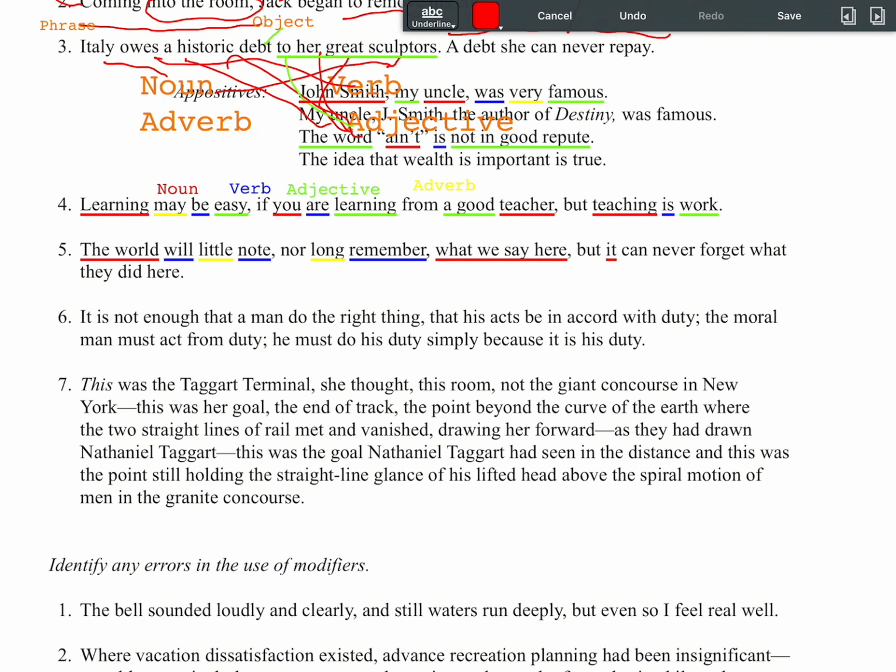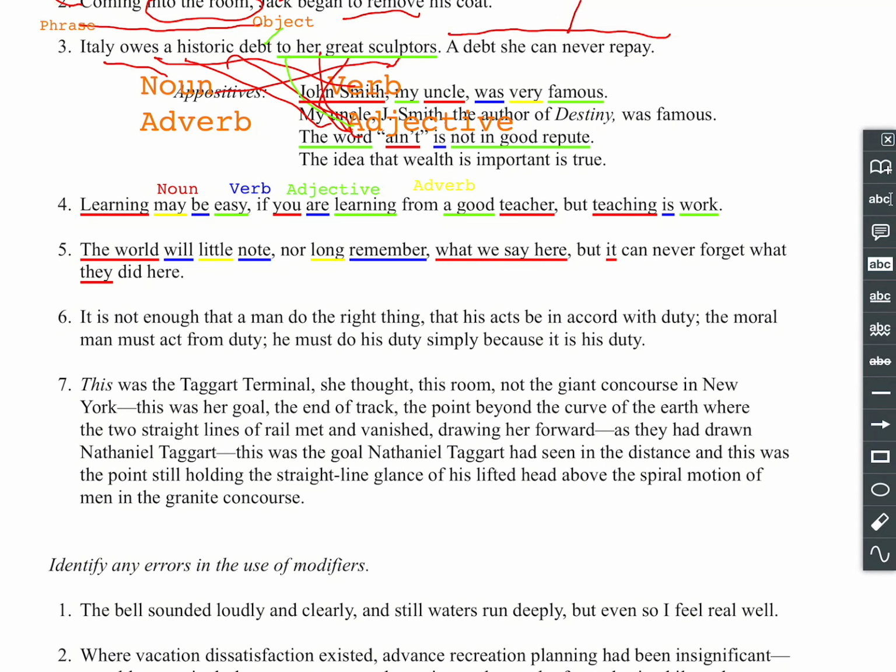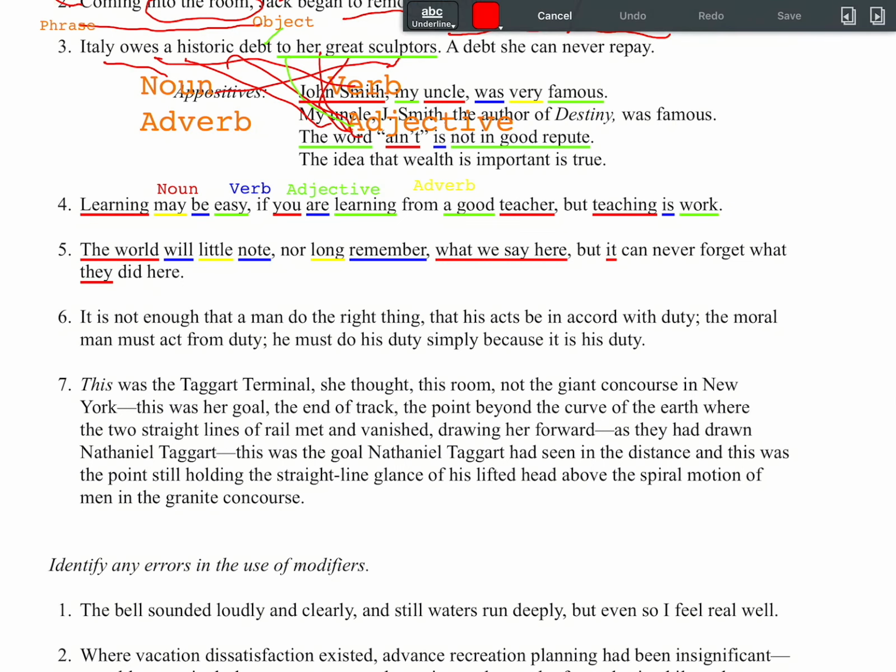So if it is the noun, they is also a noun. All right, save, and then go to verb. Verb is forget. So what they did here is a noun phrase.